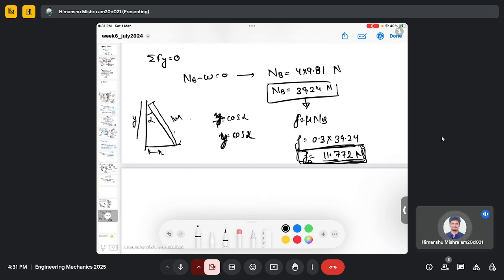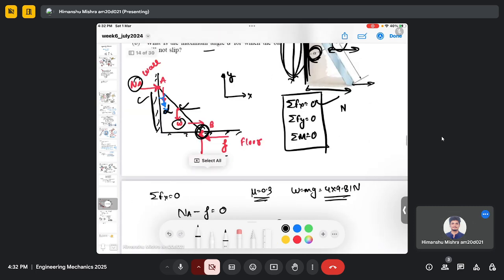And this distance will be 0.5 sine alpha, because I am considering only this part, which is 0.5 meter. So these are my perpendicular distances for NA and W.